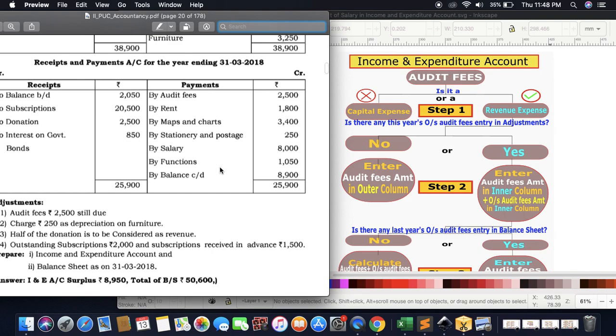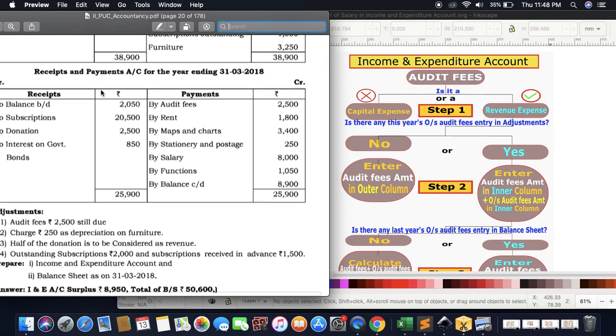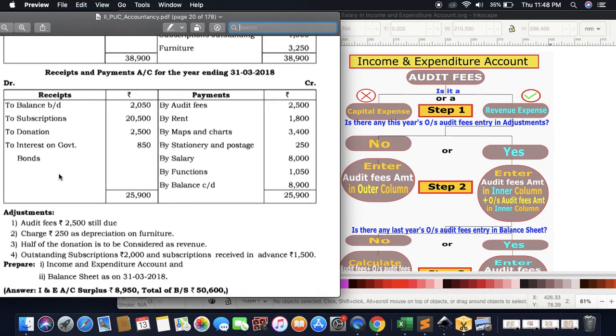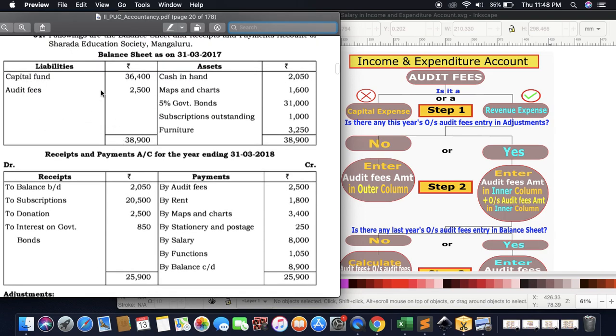Then you come down and see in the adjustments if there is an outstanding audit fees still due, which means it is outstanding. So you write this in the inner column and then add this figure and then go up into the liability side of the balance sheet, and if there is an audit fee, you minus this.